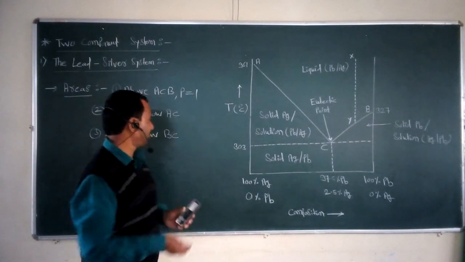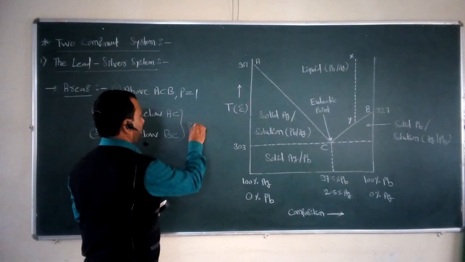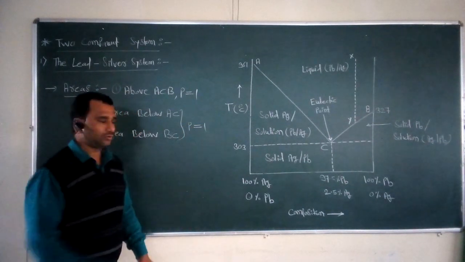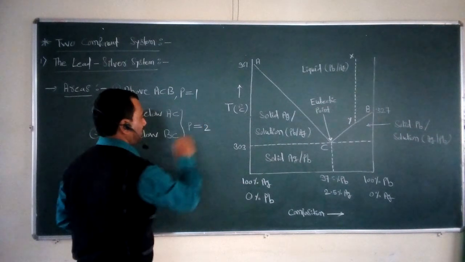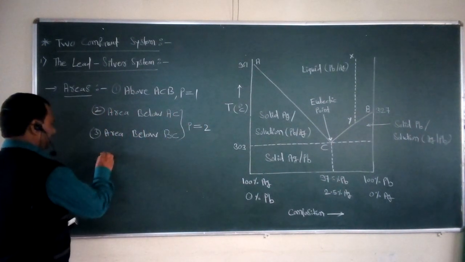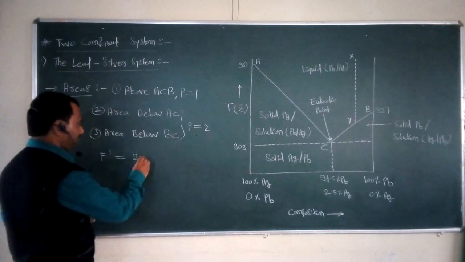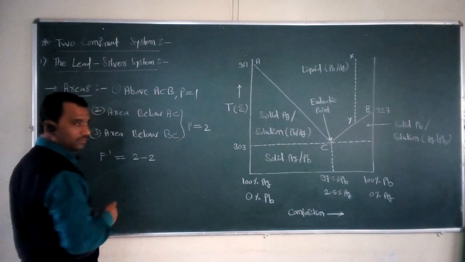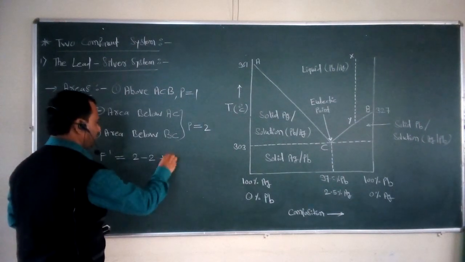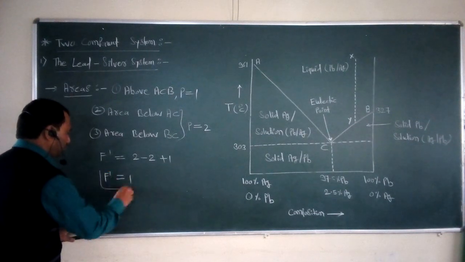For both these areas, the number of phases is equal to 2, and that's why if we calculate the degrees of freedom, F dash is equal to components 2 minus phases 2 plus 1. So the value of F dash comes out to be equal to 1.